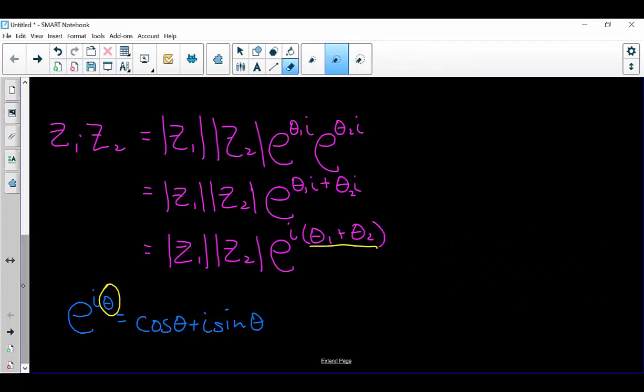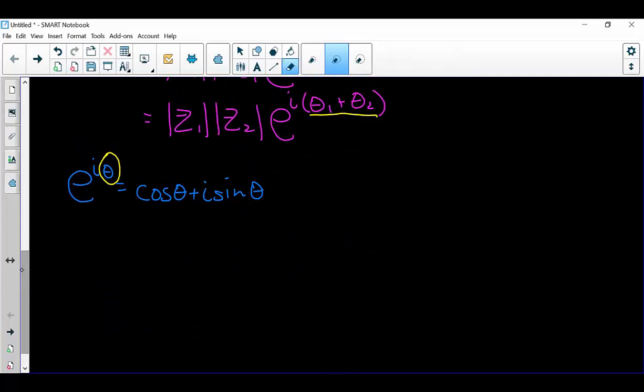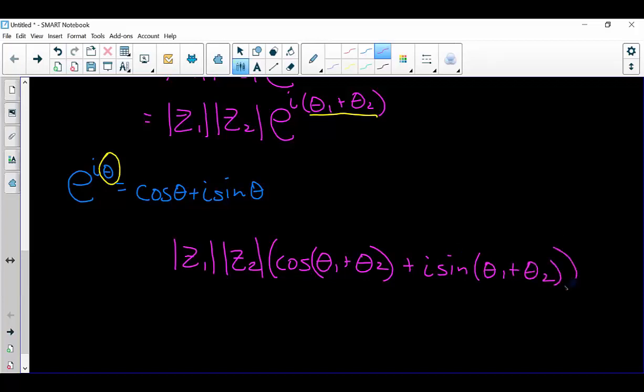This product is going to be the norm of Z1 Z2 times cosine of theta 1 plus theta 2, plus i sine of theta 1 plus theta 2.